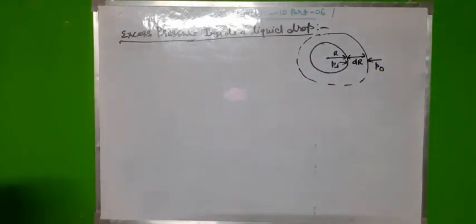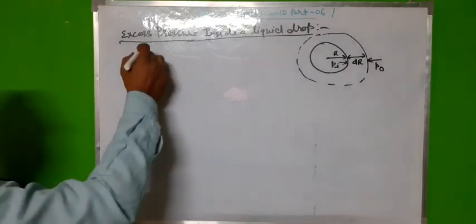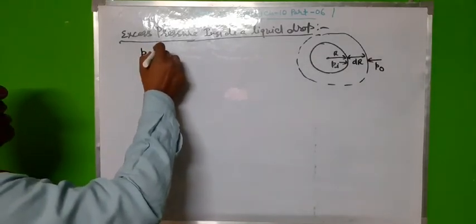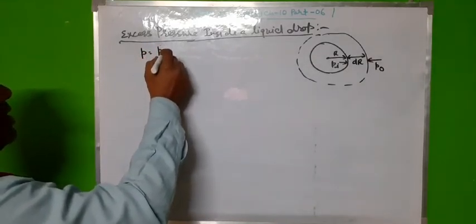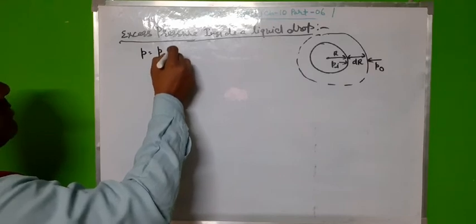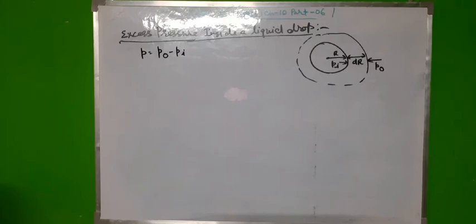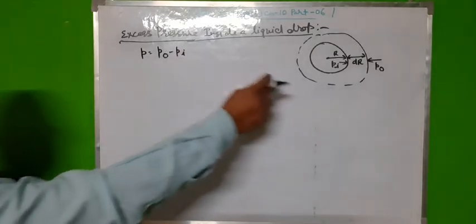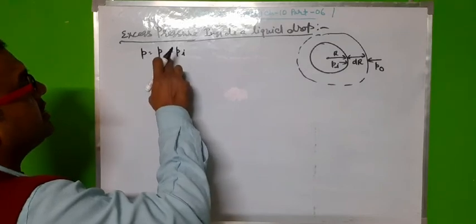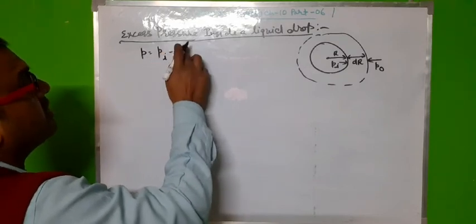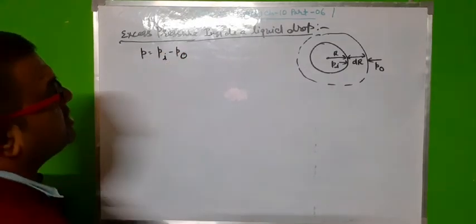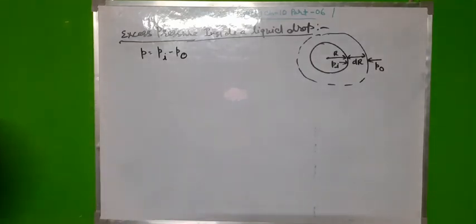So excess pressure P is Pi minus P outside, because the interior pressure is greater, so it is written as P inside minus P outside.